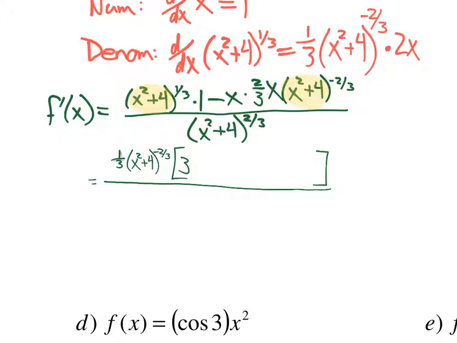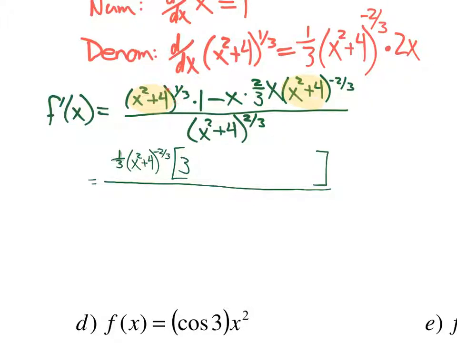Okay? So 1/3 times 3 will give me the 1 that I have up here. Okay? Think about it in terms of multiplying it back in to get what you had. Okay?